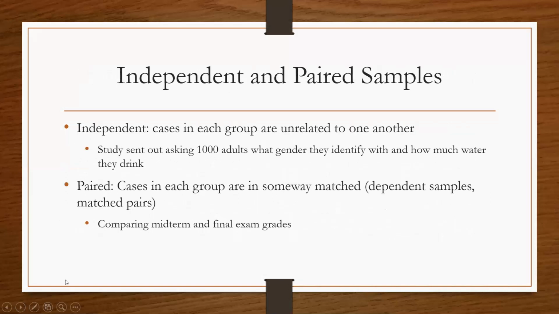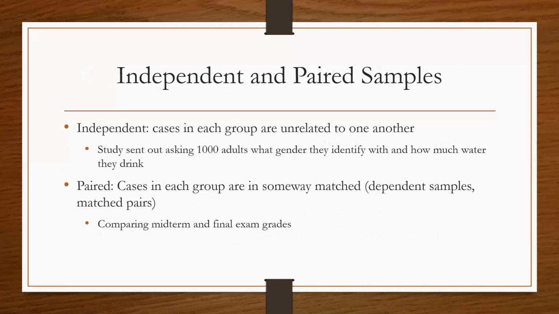And then you also have more kinds of samples. You have independent and paired samples. Independent is where the cases in each group are unrelated to one another. So, you could be asking a random sample of adults what gender they identify as and how much water they drink. Not related in the slightest.